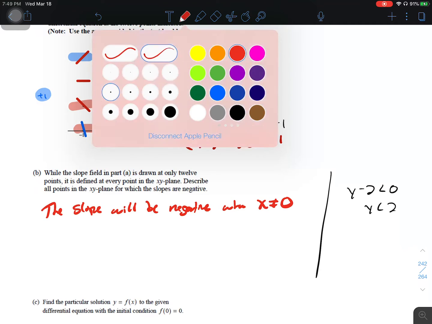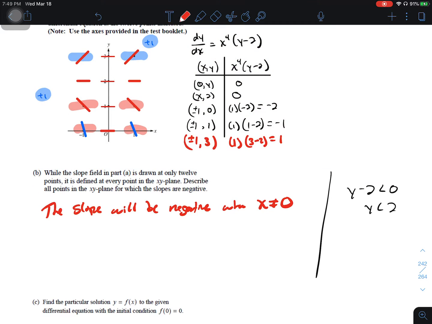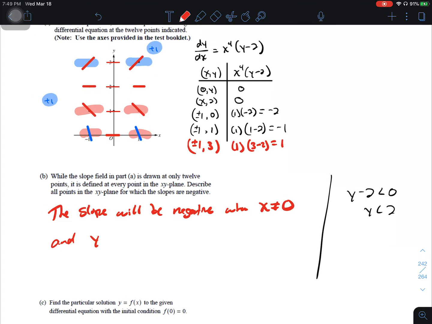So to finish answering this question, the slope will be negative when x is not 0 and when y is less than 2. I had written on my answer key bigger than 2, which doesn't make sense. And this is true for all values of x, y. Cool. That is worth 1 point.